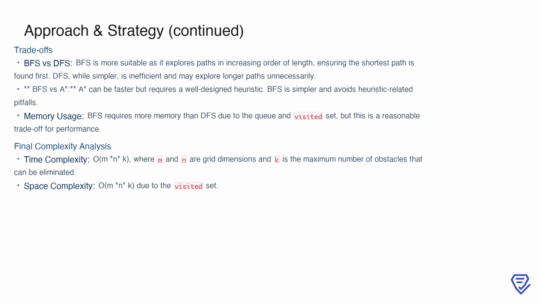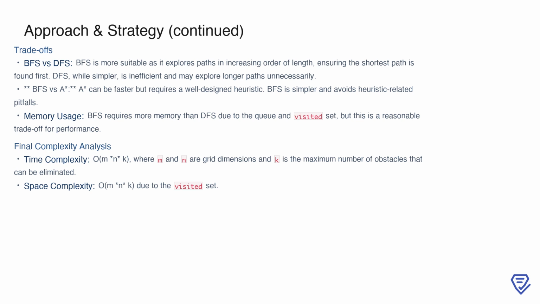When comparing BFS to A*, the latter can sometimes be faster due to its heuristic-driven prioritization. However, A* requires careful design of the heuristic, and a poorly chosen heuristic can negatively impact performance. BFS, on the other hand, avoids this complexity and provides a straightforward, reliable solution.